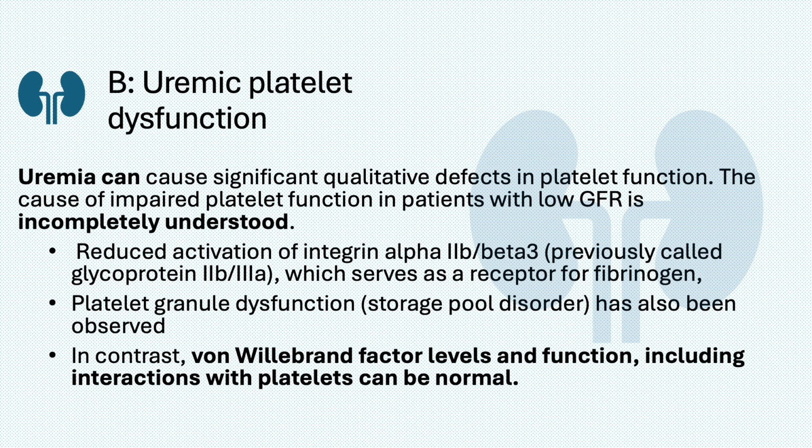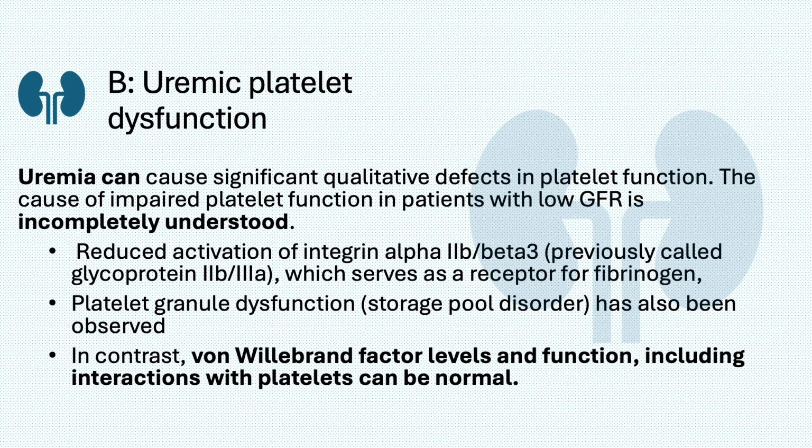At least the commonly accepted etiologies are a reduced activation of the integrin receptors, which are also called the glycoprotein 2B3A receptors. So this is primarily a receptor for fibrinogen, and that activation is supposed to be impaired in patients who have significant uremia.